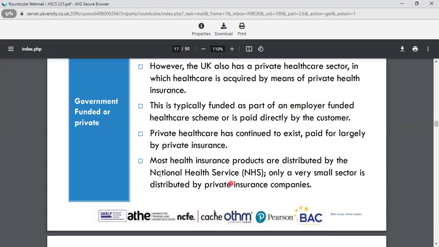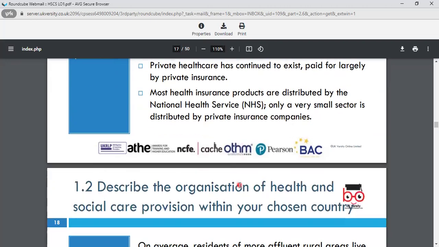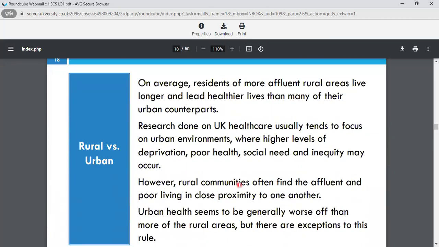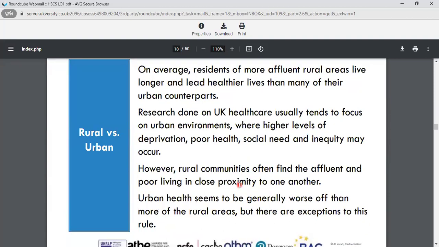Obviously, if there's an NHS delivery that is free of cost, instead of having to pay 100 or 200 pounds for an hour, this is specialized care. Because of the heavy amount that the person has to pay for it, it is not largely used.